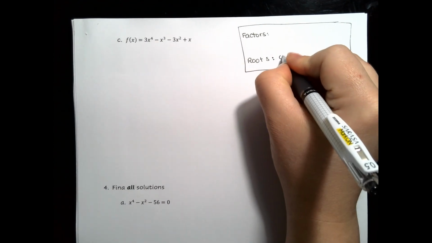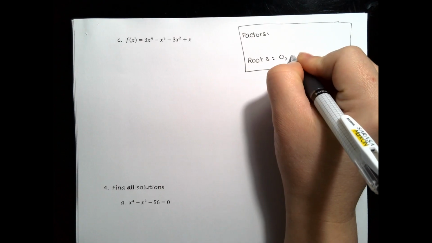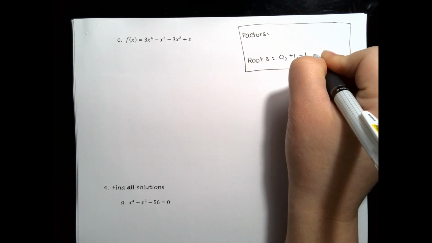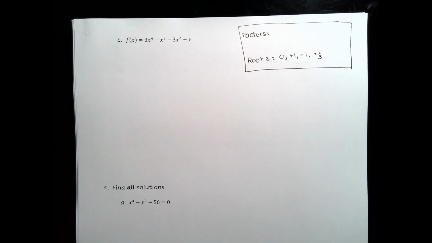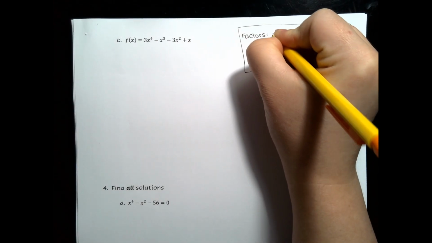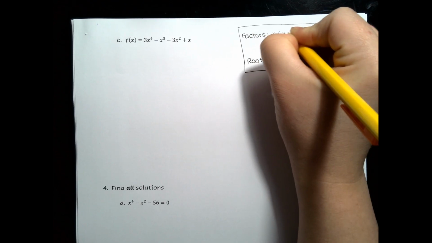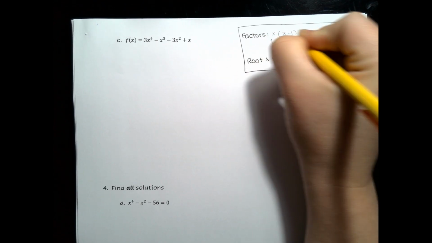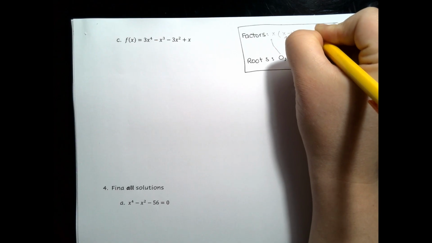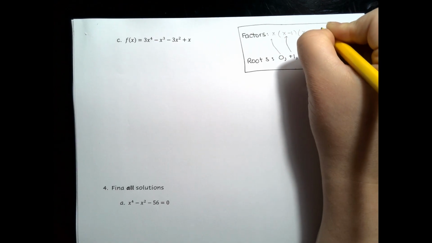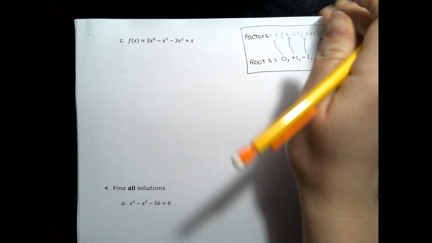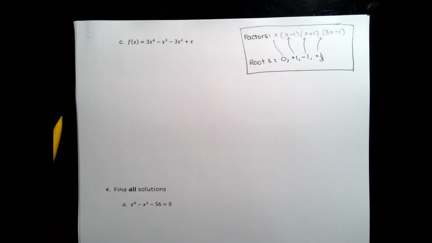So for my roots, I have a 0, a 1, a -1, and a positive 1/3. So for my factors, I'm going to have an x, an x minus 1, an x plus 1, and a 3x minus 1. Again, you must show work for credit.